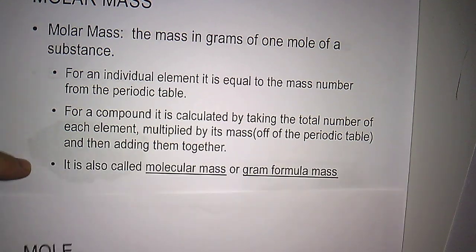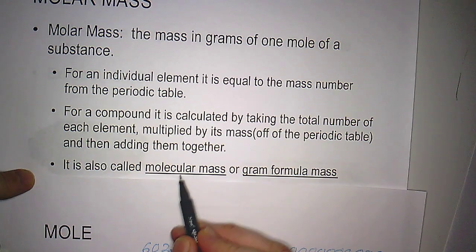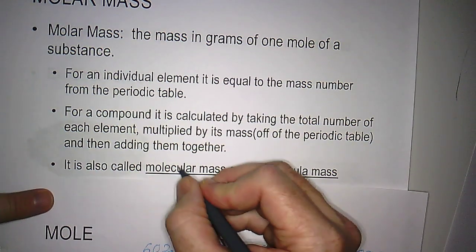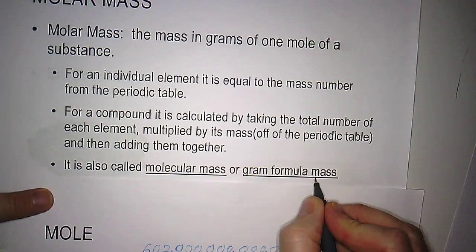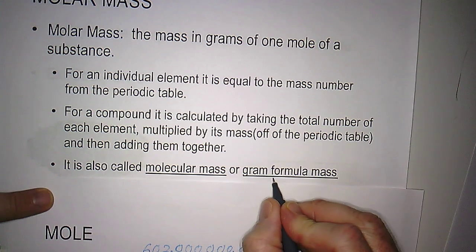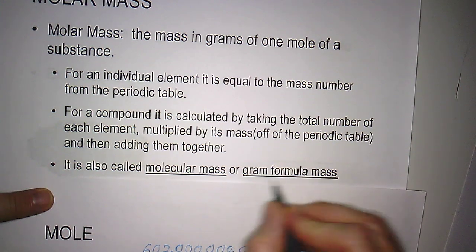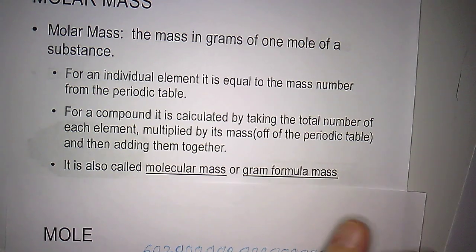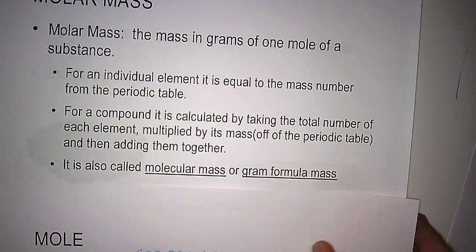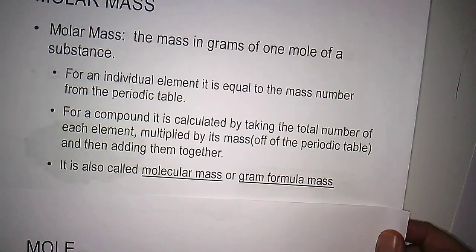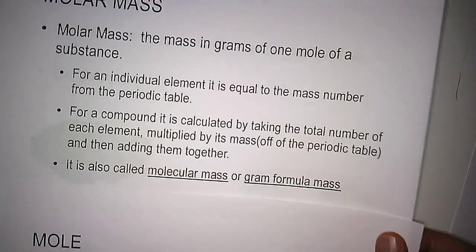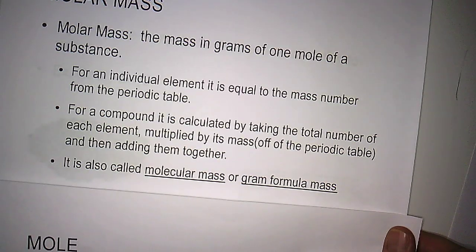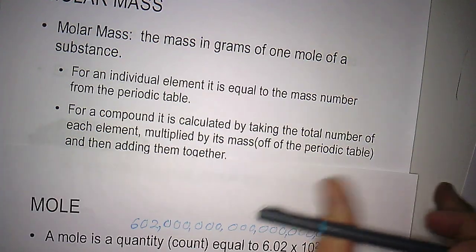It's also known as molecular mass, or sometimes we just say MM, or gram formula mass, or sometimes just formula mass. Sometimes they just say, what's the mass of this compound? And you would just calculate it, all right? The calculation is fairly simple. If you can multiply and you can add, you can do it, and you get to use your calculator.